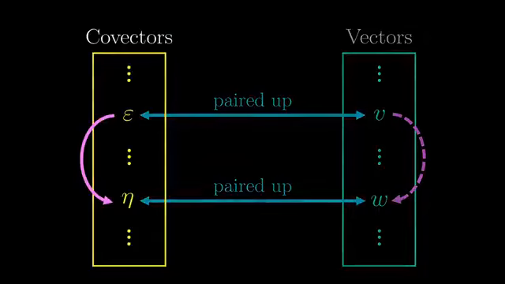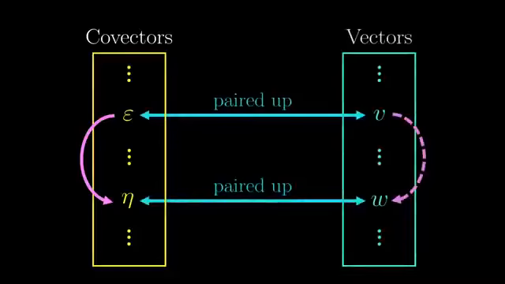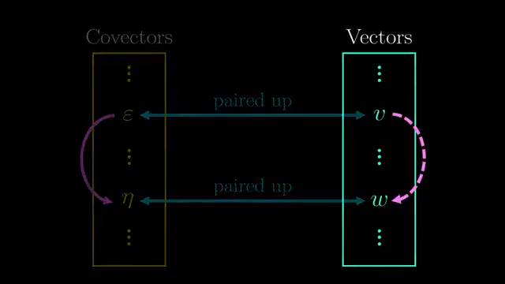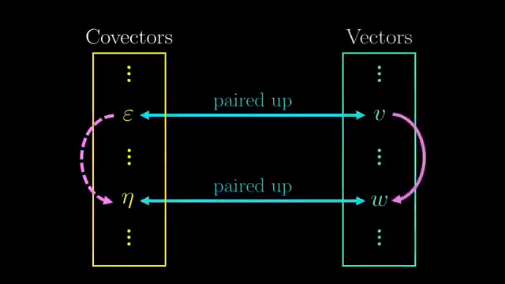This covector to covector transformation does not even know the existence of v, but because of this pairing, we can treat this as a vector to vector transformation. In a similar way, if a vector to vector transformation transforms v to w, we can think of it as transforming from epsilon to eta. It is in this sense that we say something like A transpose equals A inverse.